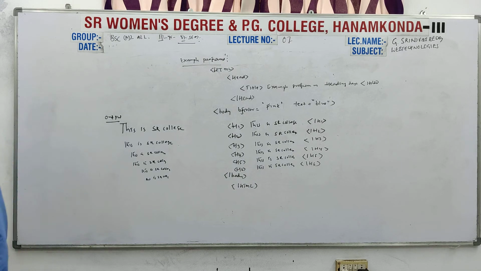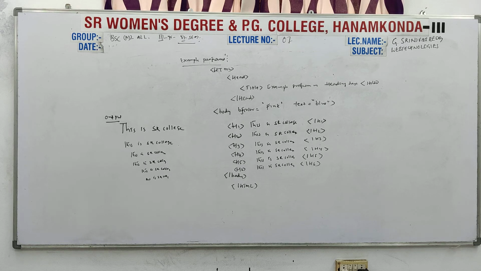Instead of mentioning the font size, there is already one more command. With the font command, the font size will be equal to your mentioned 20, 30, 40. There is no need to mention the font size; directly using heading tags, particular headings will be displayed at a particular size. You are using either H1 or H2, H3 or H4, H5 and H6, and you can use them depending on these comparisons.